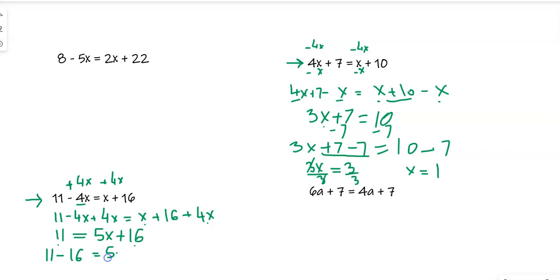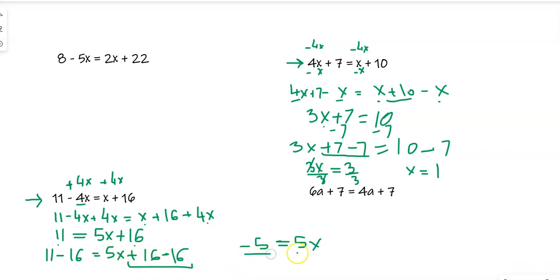And here we have 5x plus 16 minus 16. 11 minus 16, that's negative 5, equals 5x plus 16 minus 16, that's 0.